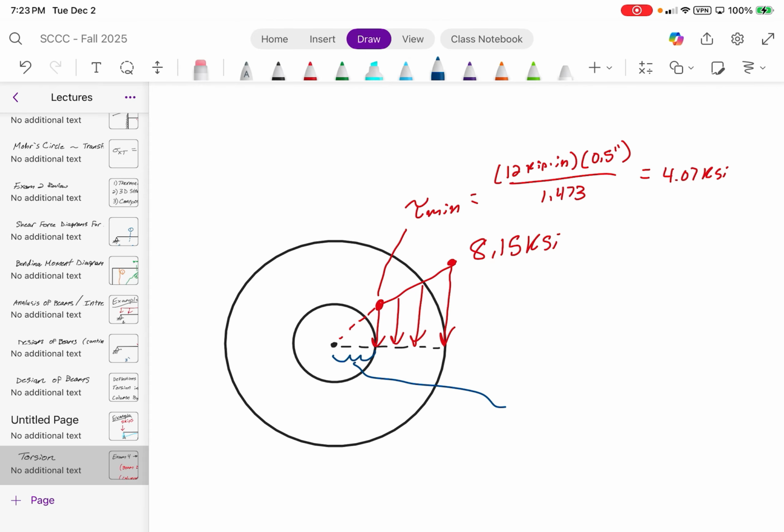So this entire region, there's no stress because no material. Does that make sense? Stress can only develop wherever there's actual material itself. All good?